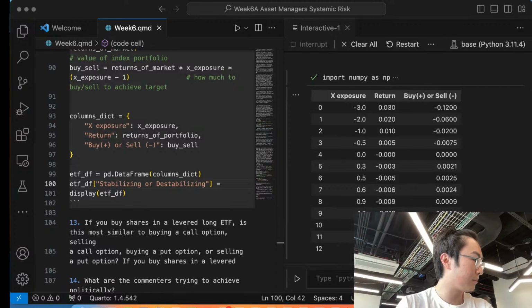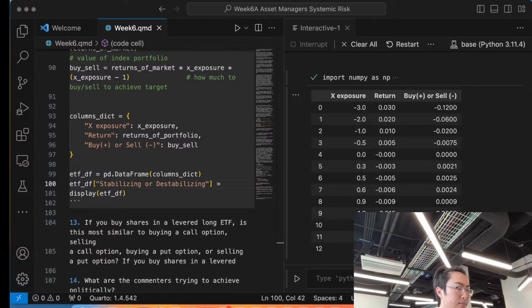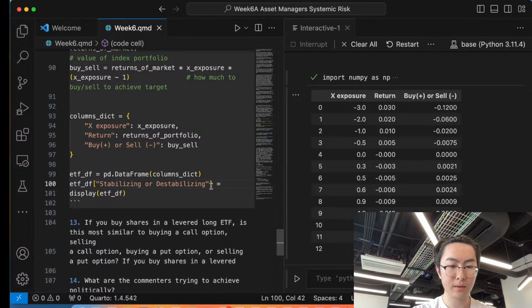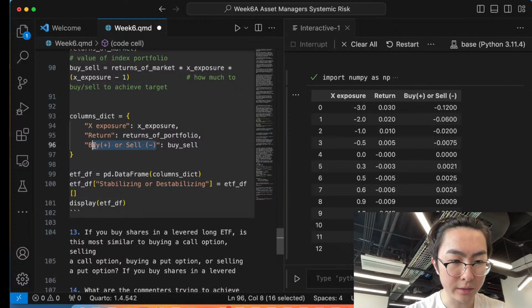So DataFrame map. Okay, I think we could do, yeah, ETF buy or sell.